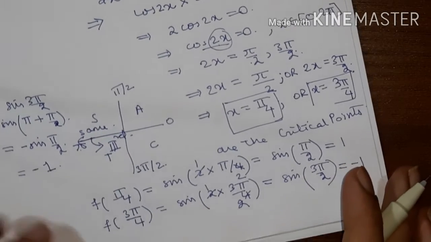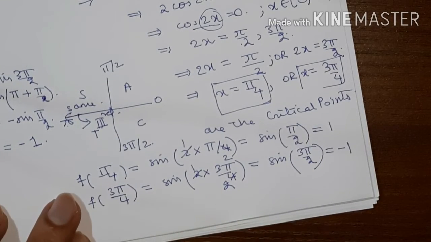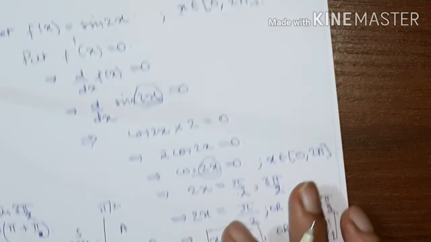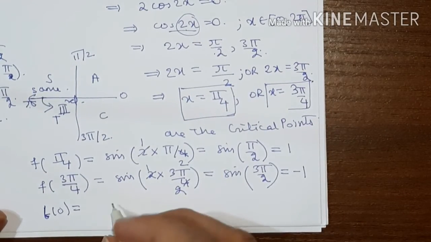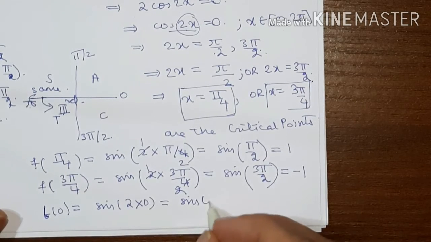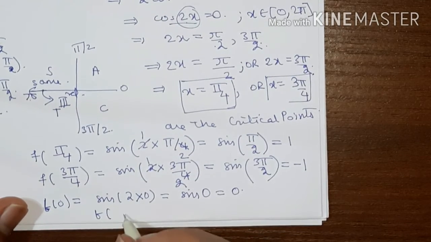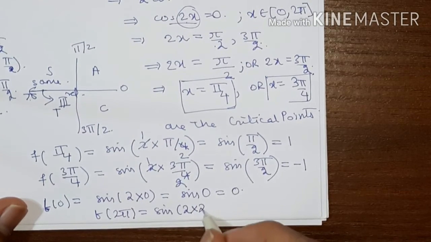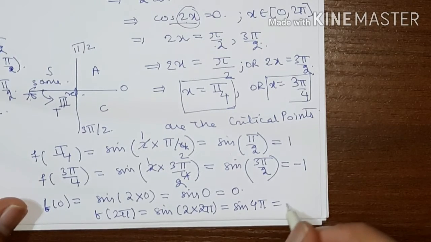Right, now what we have found out are the values at the critical points. Now we have to find the values at the end points of the given interval. So f of 0 is sine of 2 times 0, which is sine of 0, which is 0. Now f of 2 pi is sine of 2 times 2 pi, which is sine of 4 pi, which is again 0.